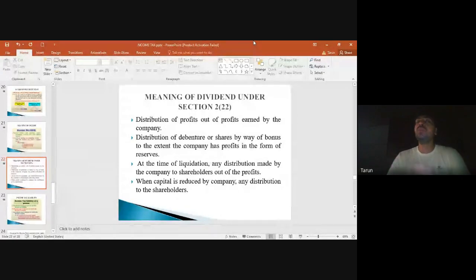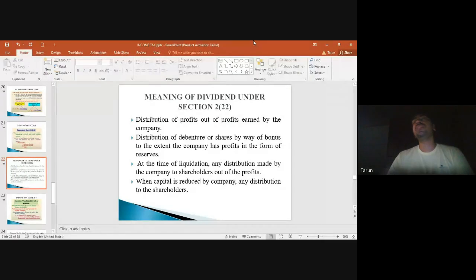So the overall conclusion is that any portion of the profit, in any situation, distributed by the company to any member or employee of the company is counted as dividend under section 2 subsection 22 of the Income Tax Act, right?